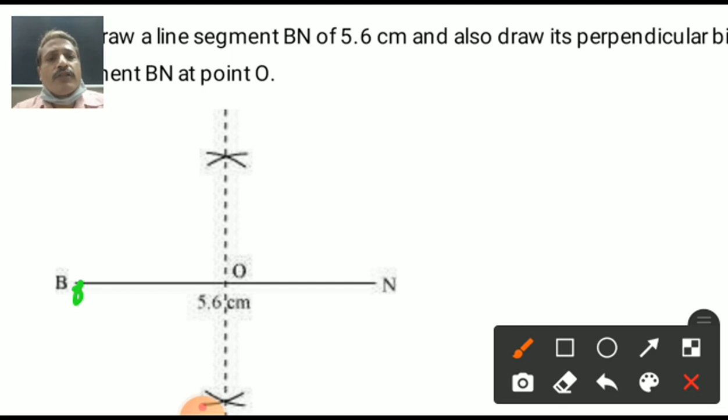That means you take more than half of this. One arc from N, one arc from below. Correct? Now use the same arc here and cut it here, one above and one below. You have 2 points, shown with the dotted lines.